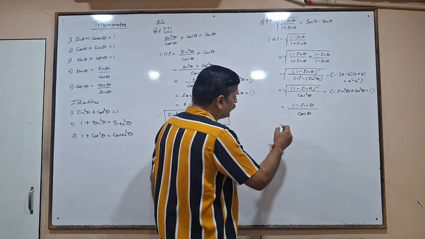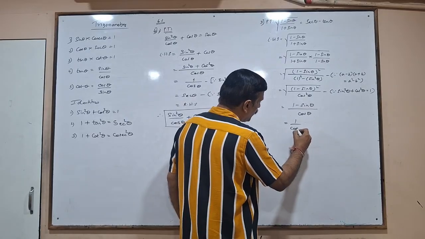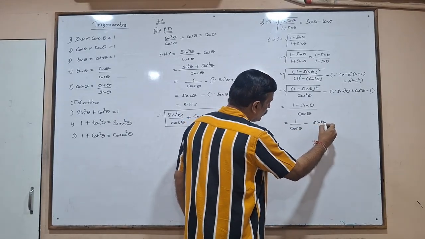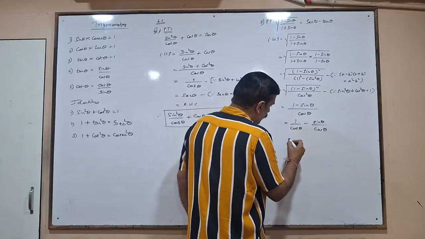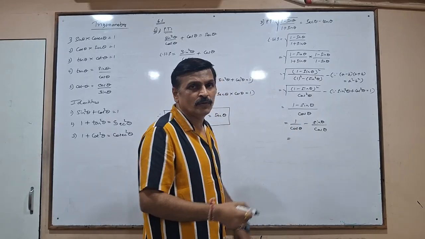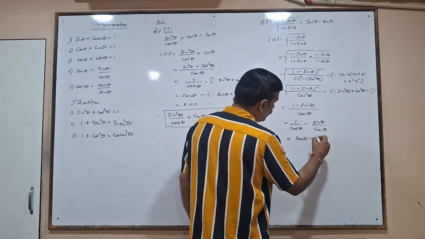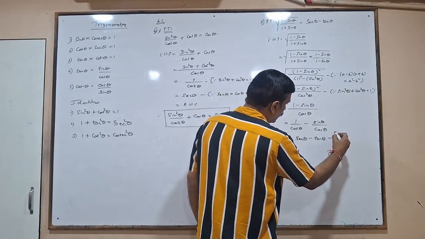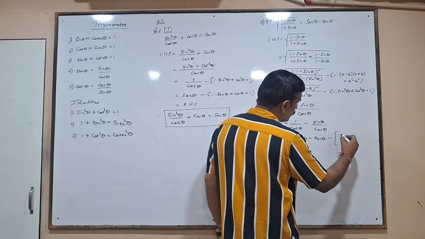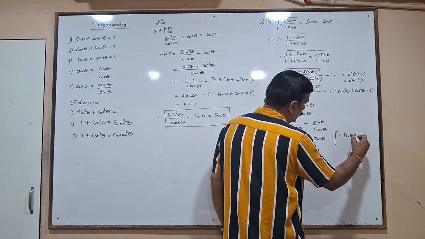There is a denominator here, so obviously I will separate the denominator. What is 1 upon cos? We know as per the relation it is sec theta. And what is sine upon cos? It is tan. The relations used, please mention them in the bracket.